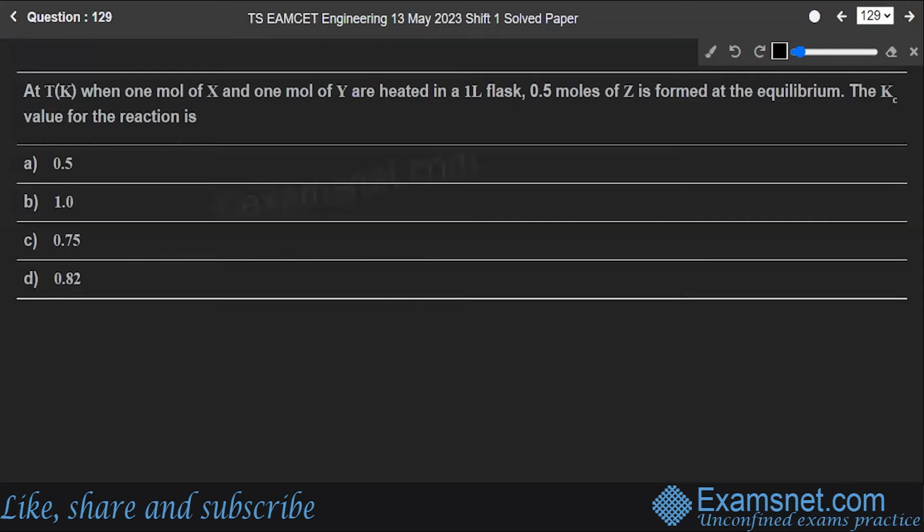Question number 129. At a temperature in Kelvin, 1 mole of X and 1 mole of Y are heated in a 1 liter flask. 0.5 mole of Z is produced at equilibrium. What is the equilibrium constant for this reaction? Let's do the reaction.